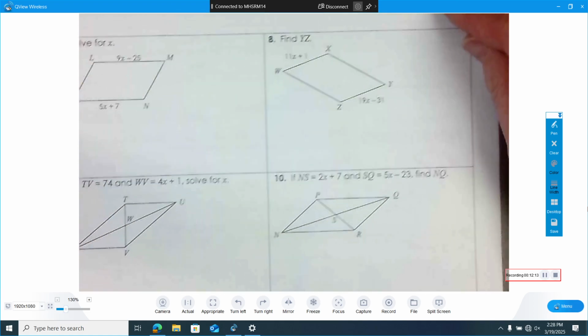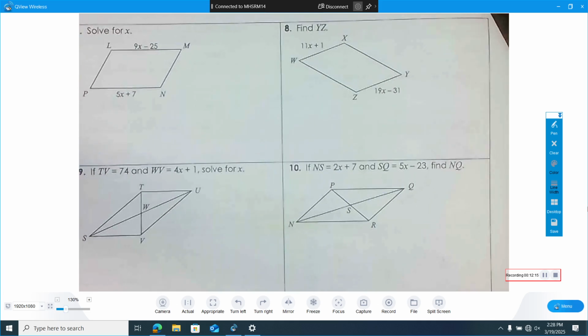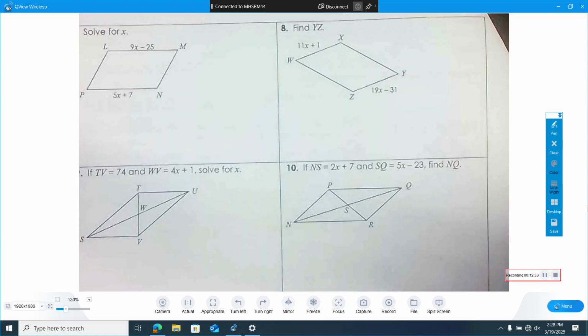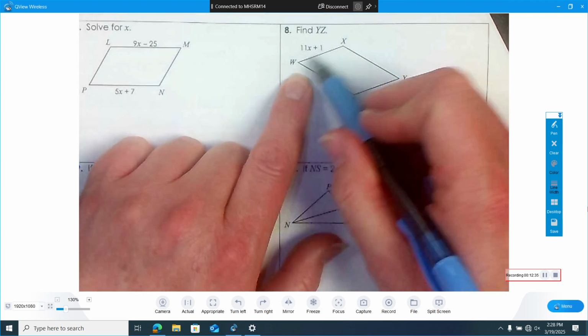Now, all of these are slightly different, and so we are going to go through a lot of them, but how confident are you with solving equations? Very good? Okay, so we're not going to solve them, we're just going to set them up, except maybe two, okay? So we're going to do number 8. We have information about these sides.